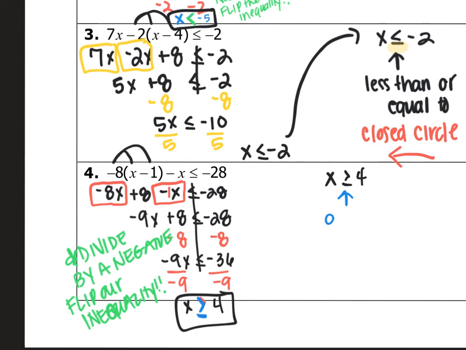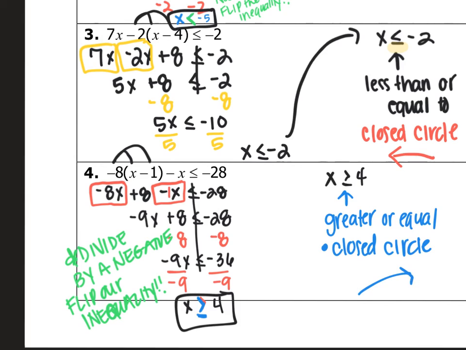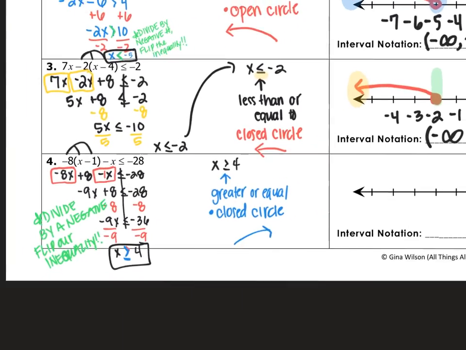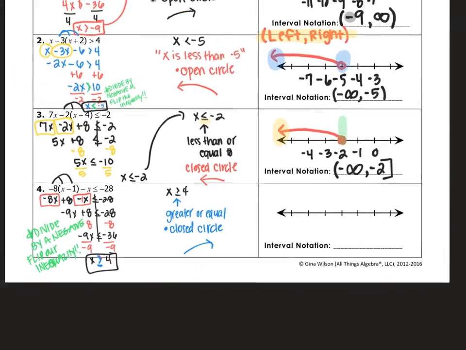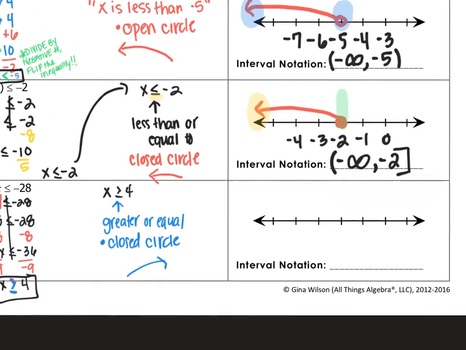So this says greater than or equal, and because it has that or equal to, this is going to be a closed circle, and greater than always points to the right. So let's go ahead and graph this.